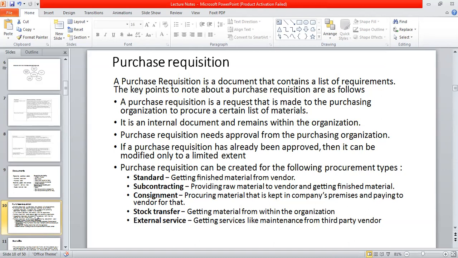These purchase requisitions need approval from the purchasing organizations.